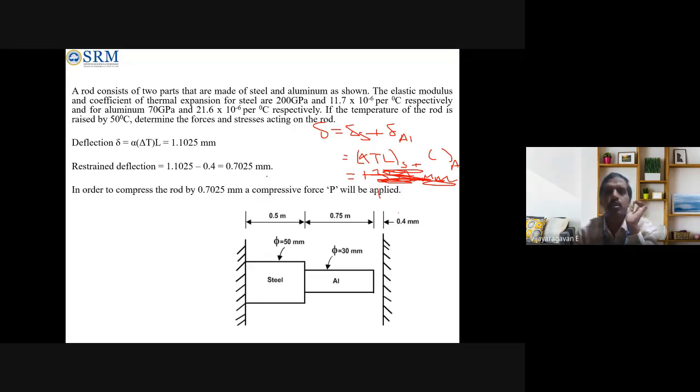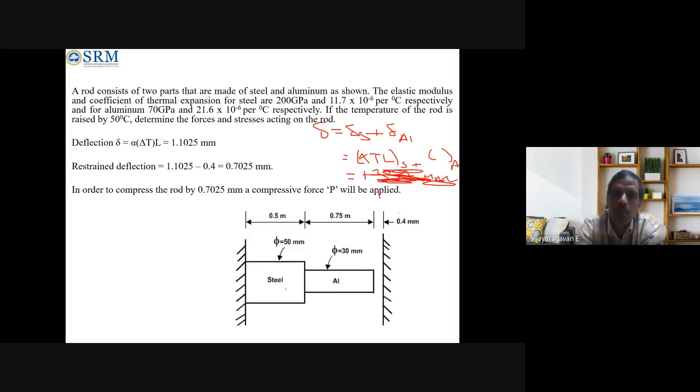So let us see. The question here is, what are the forces acting on this rod? What is the load carried by steel and the load carried by aluminum? In the initial introduction, I said that thermal stress can be replaced by a mechanical stress or a mechanical load.